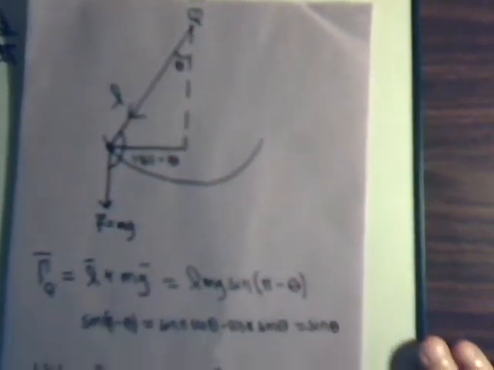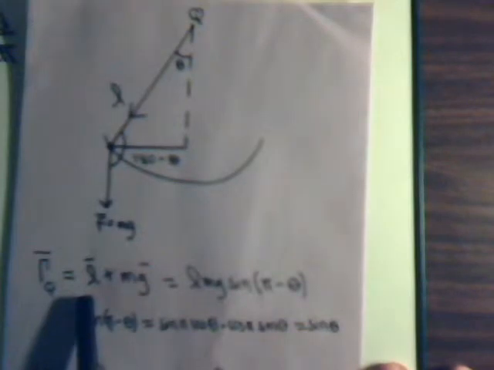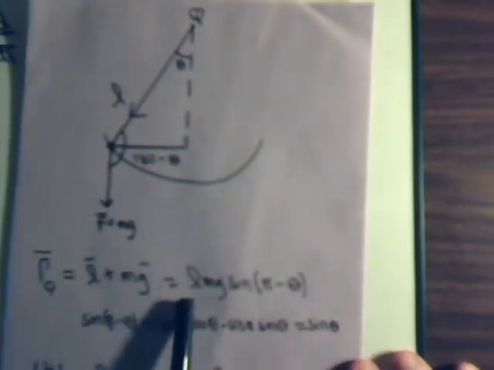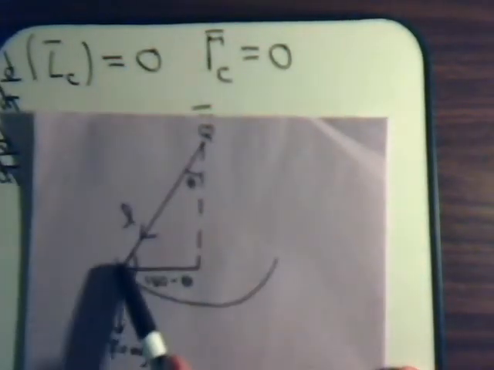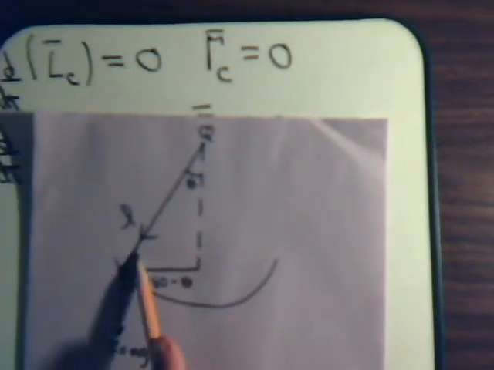And that's going to be the magnitude of the string, which is just L, times mg, times the sine of the angle between them. So here is the rope, here is gravity pulling straight down. It's going to be this big angle here. When we look at it, of course this is 90 degrees, so the smaller angle here is going to be 90 minus theta.